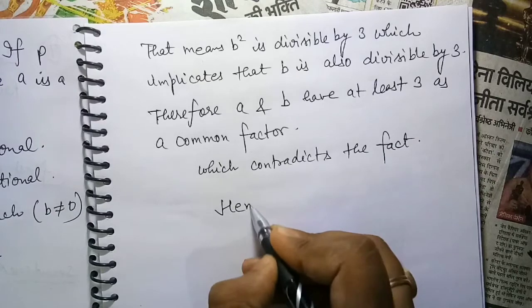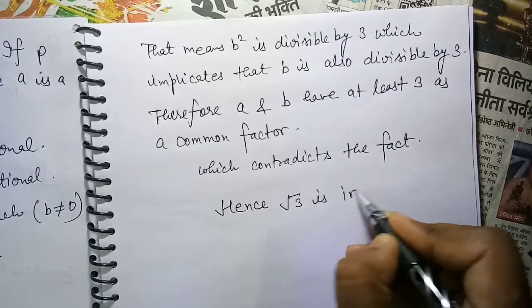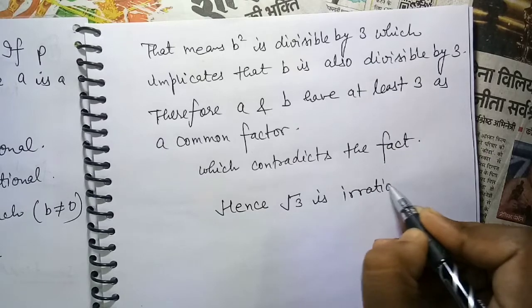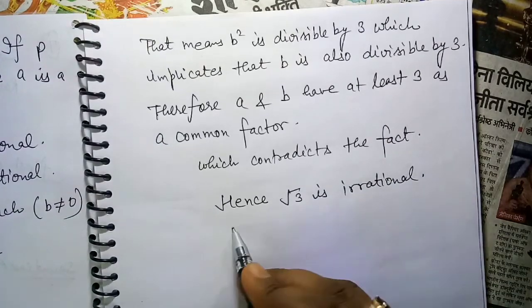Hence, root 3 is irrational. In this manner you have to prove.